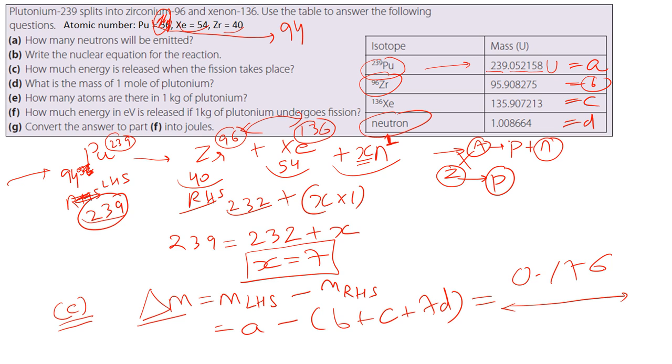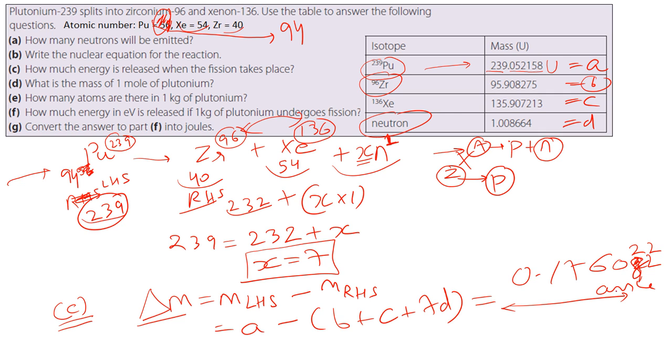The delta M is 0.176082. Okay, sir, so there might be a calculation error. 0.176082. All right. I got 0.176602. I think I must have made a mistake. So it should be 0.176022. Anyways, that won't make much of a difference.